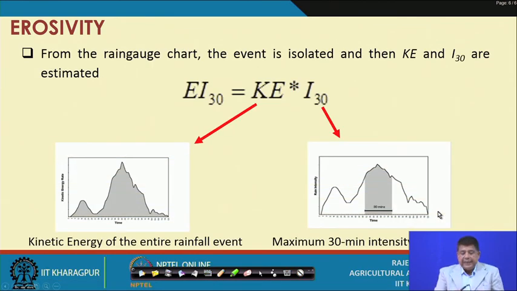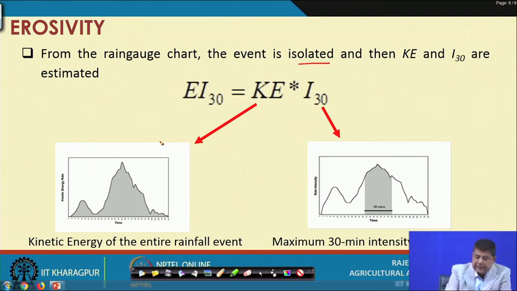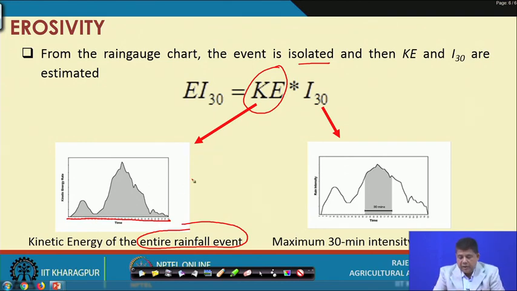So, from the rain gauge chart we just saw, we identify the event. Basically we isolate the event, and then kinetic energy and I30 are estimated. While estimating the kinetic energy, the entire rainfall event is used.